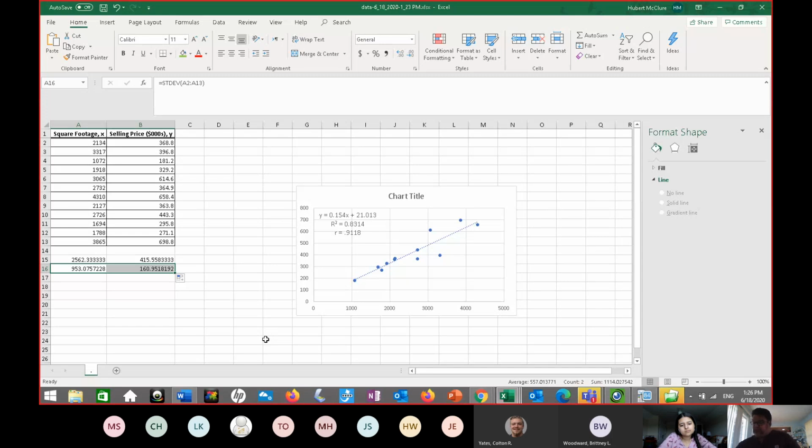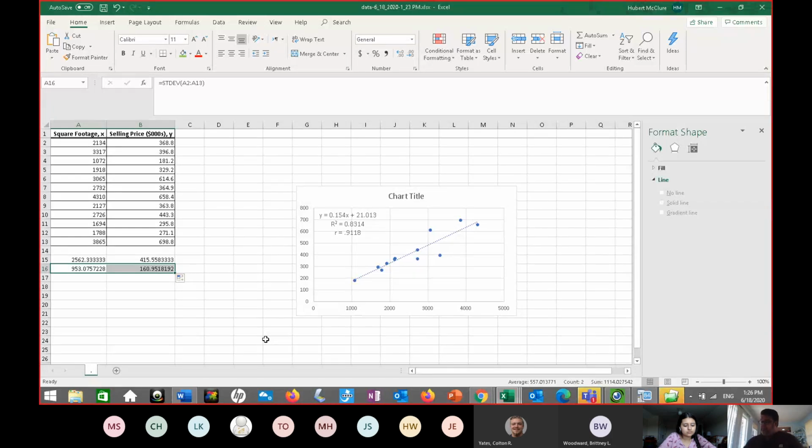And you need B sub 1 first, then B sub 0. B sub 1 is equal to R times SY over SX. And then B sub 0 is equal to Y bar minus B sub 1 times X bar.